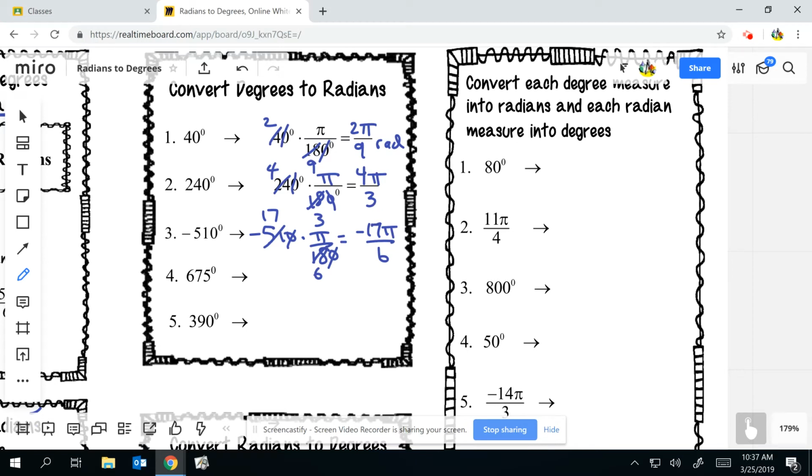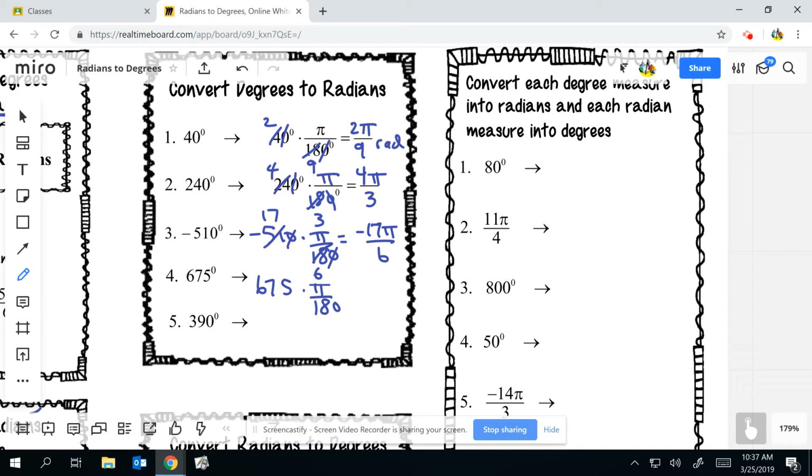And 675 degrees. Almost 2 times around. 720 would be 2 rotations, so almost 2 times. We're going to multiply it by pi over 180. This one you cannot divide by 10 because 675 doesn't end in a 0, so let's divide by 15.